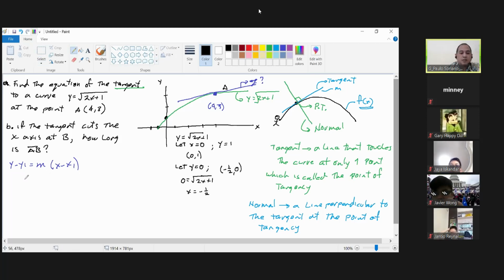So m is equal to dy dx of the function f of x, so all we need to do now is get dy dx, d dx of square root of 2x plus 1.